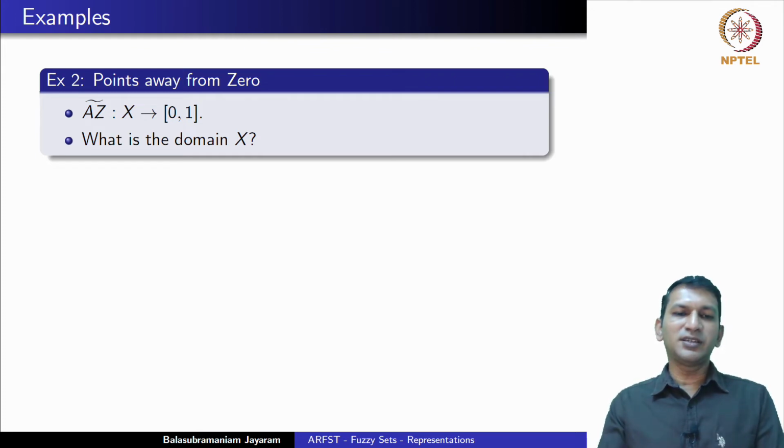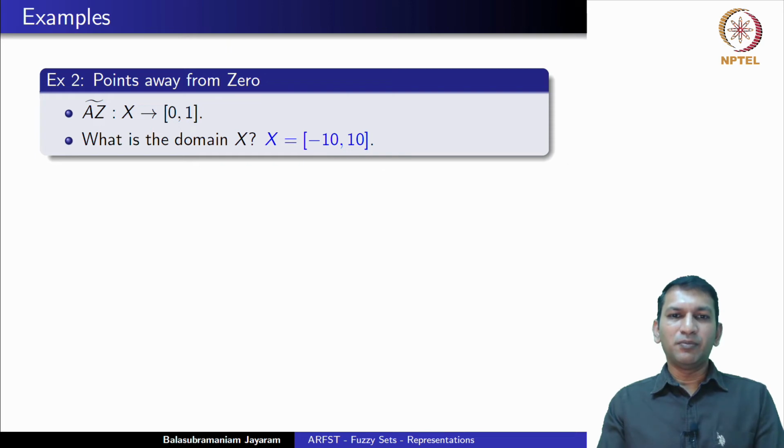Now the question is, what is the domain X? Once again, it's a synthetic example, so let us assume that the domain X is still minus 10, 10. Now, we would like to come up with a mapping that captures this concept of points being away from 0. How do we do this?